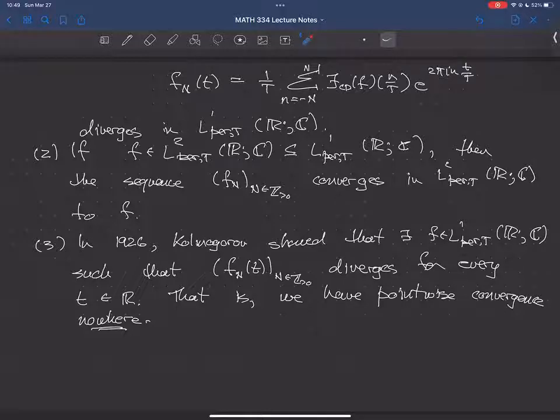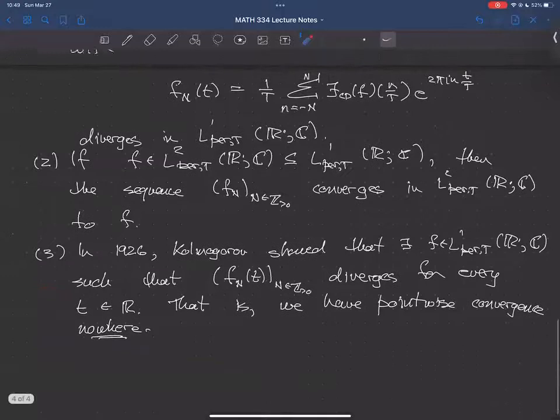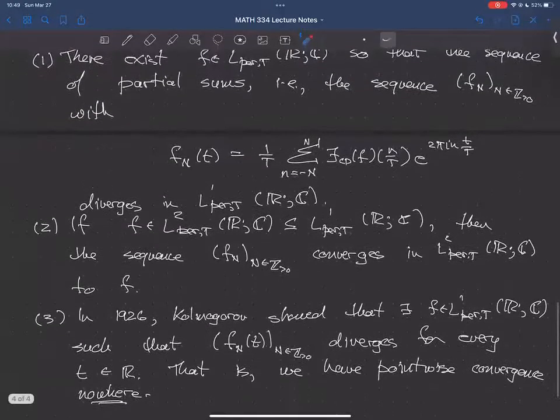Based on this, the speculation was that you shouldn't expect to be able to get any good pointwise convergence results in L2.